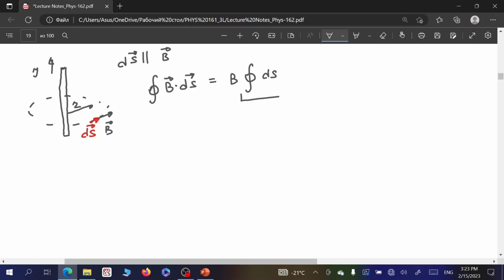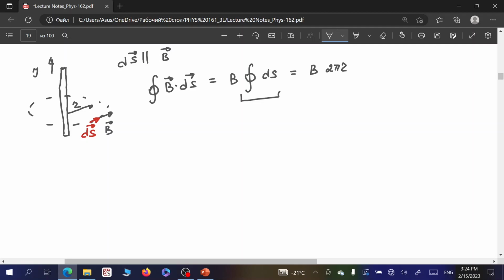So what will this integral be, when we integrate around the circle over the small length element ds? We technically divide this circle into small ds elements and sum them up. Eventually we will have the circumference of this circle, which is 2 pi times r. So it will be B times 2 pi r.